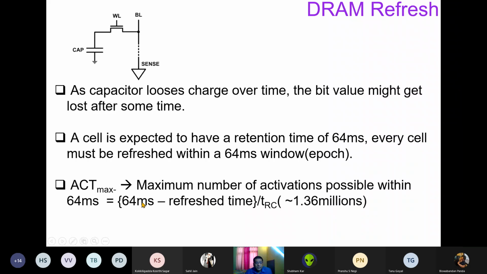And if you take 64 millisecond minus that time, divided by TRC, that will give approximately 1.36 million activations possible within a refresh interval or window. And the hacker's or attacker's intention is to have some of his own activations within that 1.36 million.